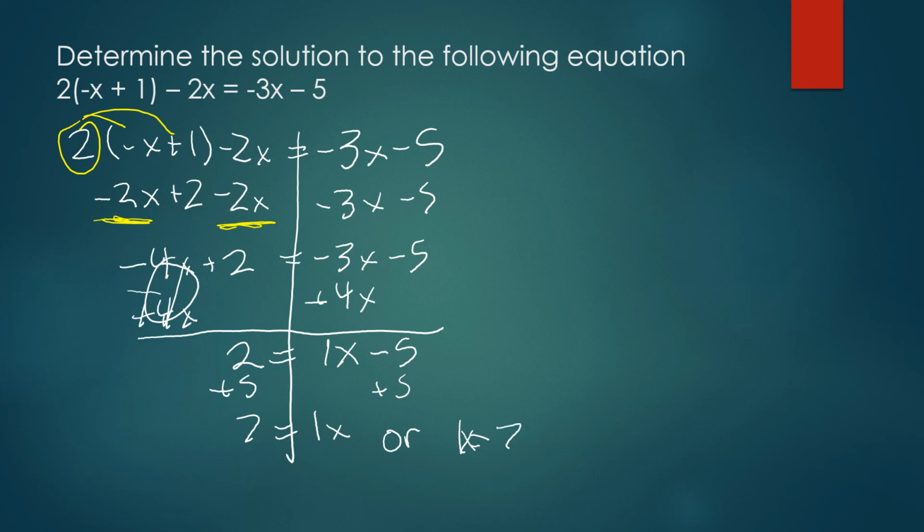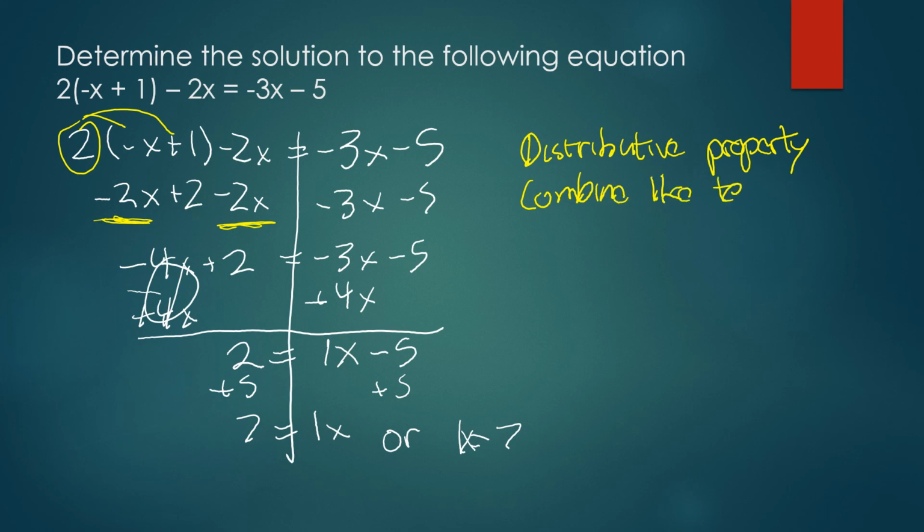Now the steps were distributive property, then combine like terms again, then I selected the term with the lowest coefficient of x, which was -4 this time, so then I did the additive inverse.